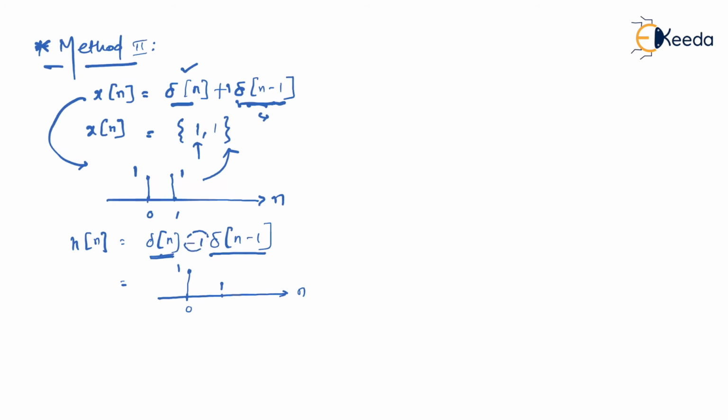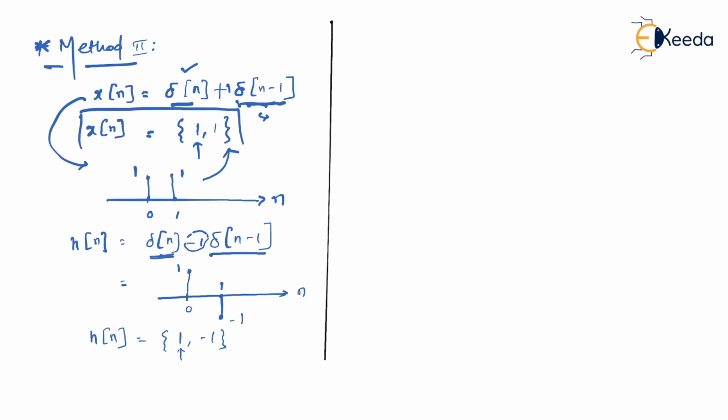But see, the coefficient is -1. It means it will have an amplitude equal to -1. So in sequence form I can write it like this: 1, -1, and at n equal to 0 we have an arrow mark here. This is h[n], right?